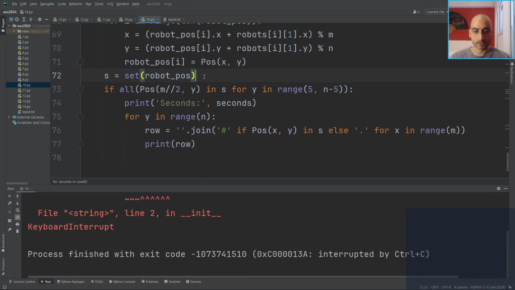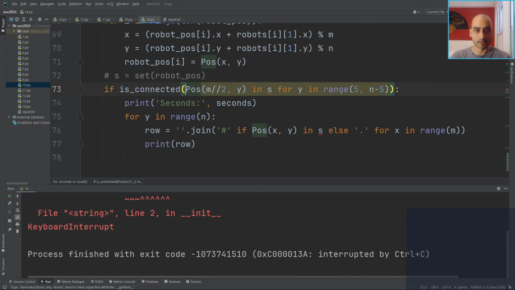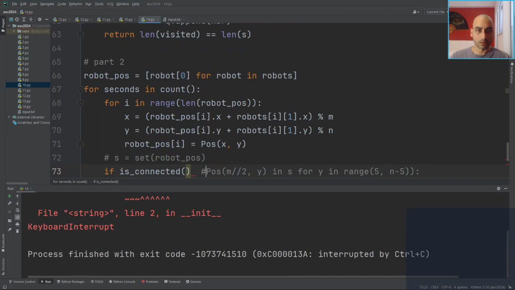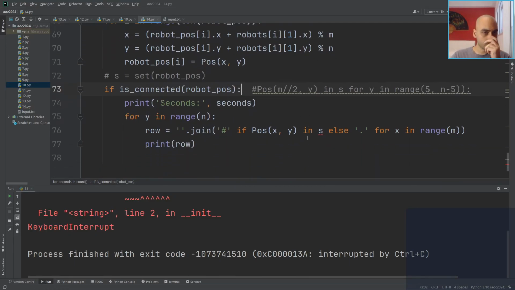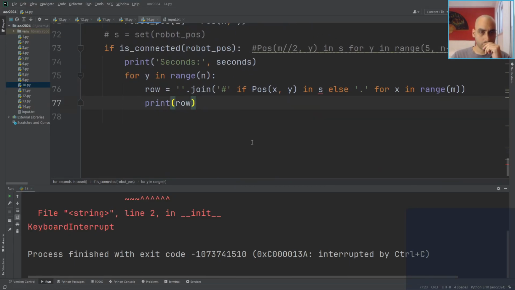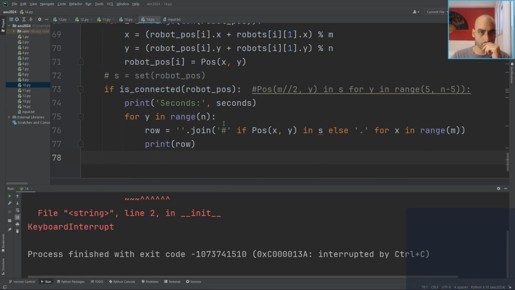So if we do this, we say if is connected, we'll pause. Try that.